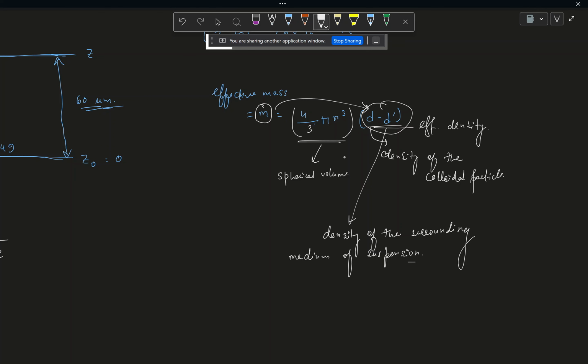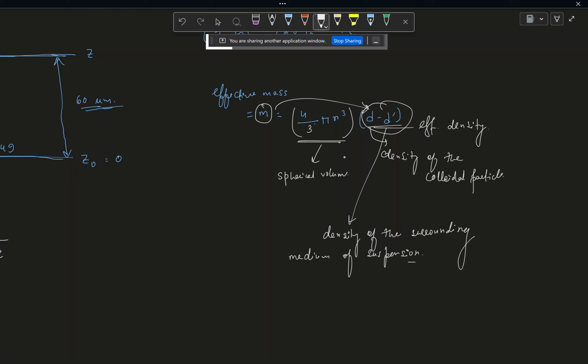You are probably familiar with this idea of free electron. When the electron is all by itself in a sample, in a medium, then you can say that its mass is the free electron mass m naught. But whenever it has all other interaction terms present all around it, then because of those interactions, its mass gets modified, and we call it effective mass.